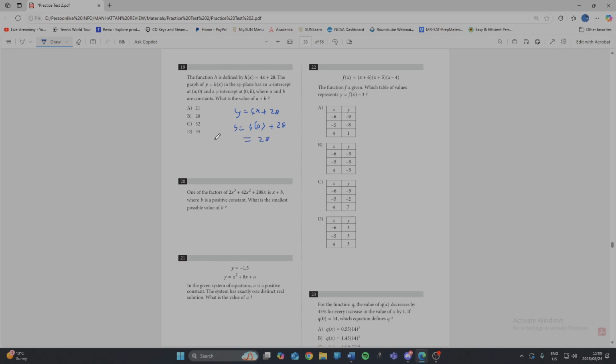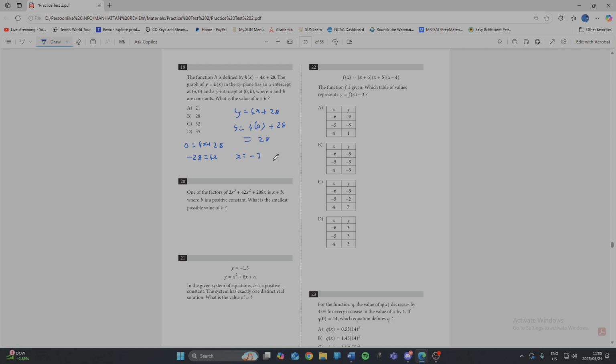And then for the x-intercept, we would do 0 equals 4x plus 28. We would be left with negative 28 equals 4x. And that would just give us x equals negative 7, because 4 times negative 7 is negative 28.